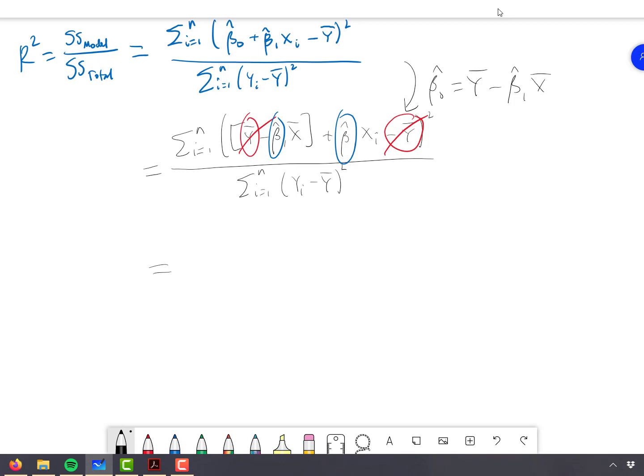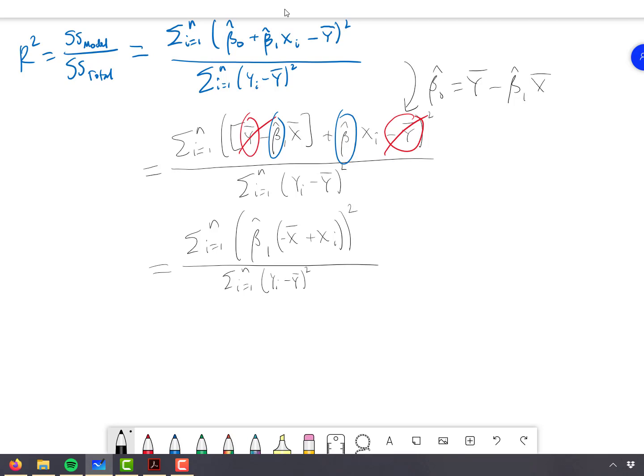If we do that, we'll start with i equals 1 to n, the sum of beta hat 1 times negative x bar plus x i, all of that squared, divided by the sum of i equals 1 to n y i minus y bar squared.